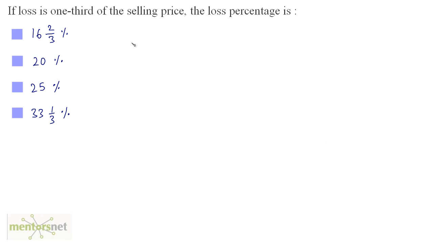If loss is 1/3 of the selling price, what is the loss percentage? Well, the loss percentage is equals to the loss divided by the cost price times 100. We have this formula, and we have been given that loss is equal to 1/3 of the selling price.